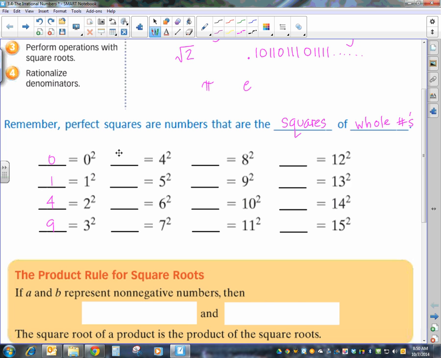So 4 times 4 is 16. 5 squared is 25. 6 squared is 36. 7 squared is 49.